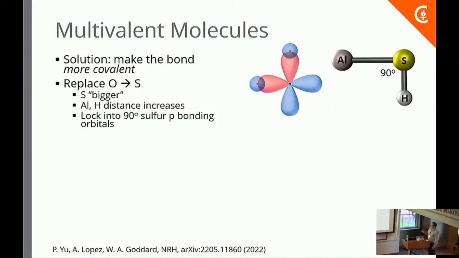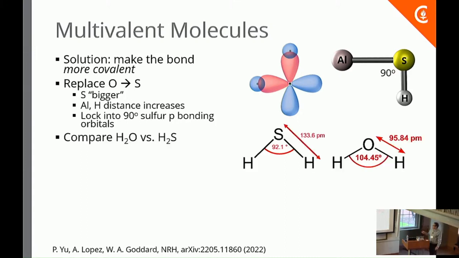So here's something that works. It turns out if you make the bond more covalent, you can get cycling centers. The hand-wavy argument is that if you replace oxygen with sulfur, which is bigger than oxygen, so instead of AlOH you look at AlSH, the aluminum and hydrogen distances increase, so their repulsion goes down, and so it allows them to lock into what you would naively expect as the 90-degree perpendicular bonding orbitals.